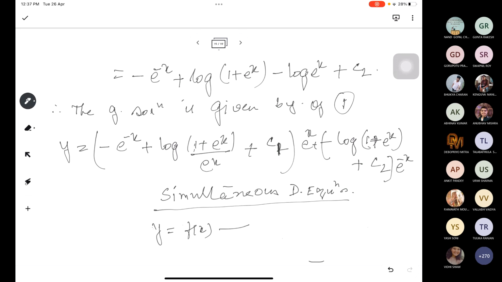That means one independent variable and one dependent variable.